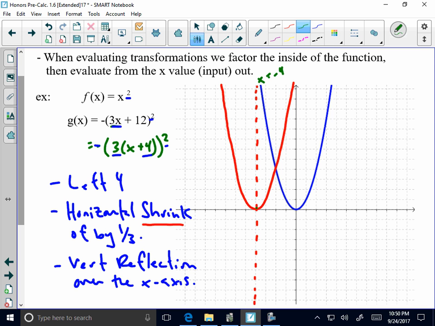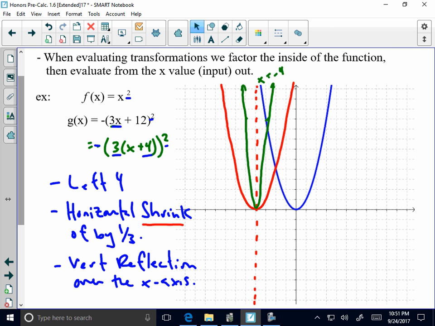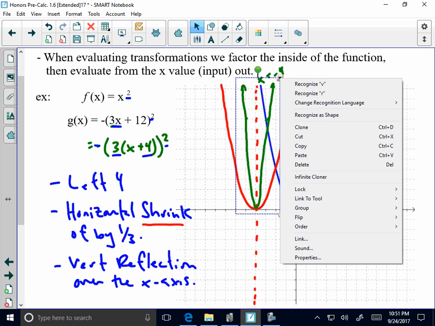3, 6, 9, and so right here, 3 out, and there we go. So that's going to be approximately the shrink. This you would see more on the calculator. And now finally, we're going to see the graph of this guy vertically flipped, so flipped upside down.